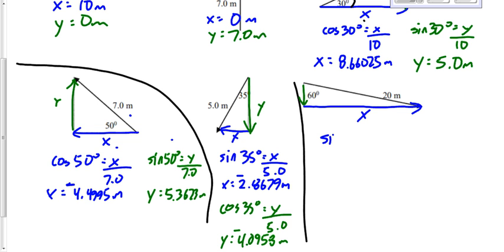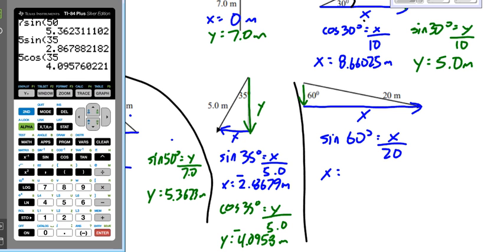Sine 60 degrees is equal to opposite over hypotenuse. On our calculator, we say 20 sine 60. Do I need to do that check, sine 90? No, already done it. Unless somebody clears your calculator mid-class, you're going to be fine once you've checked it once. That gives us 17.3205.